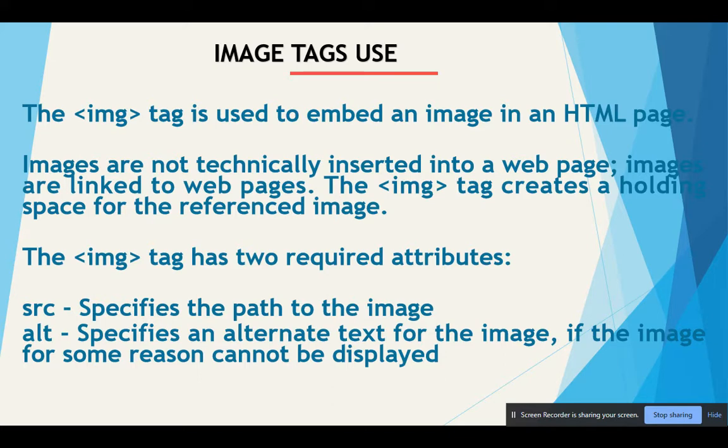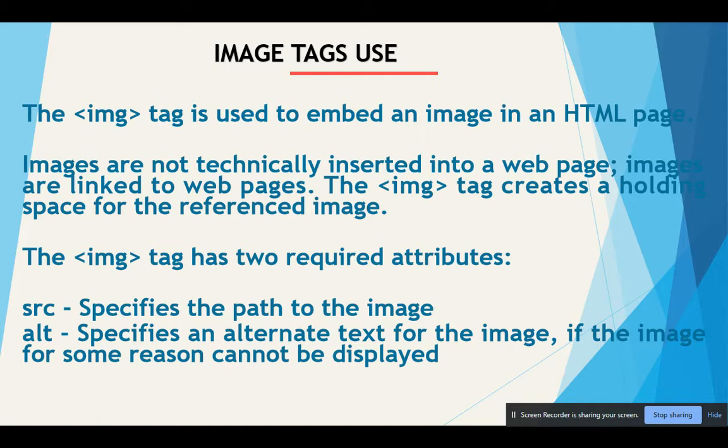So images are linked to a web page. The image tag creates a holding space for the referred image. Don't worry about it, I'll give you an overview of all this before I show it in my code editor. The image tag has two required attributes, src and alt.